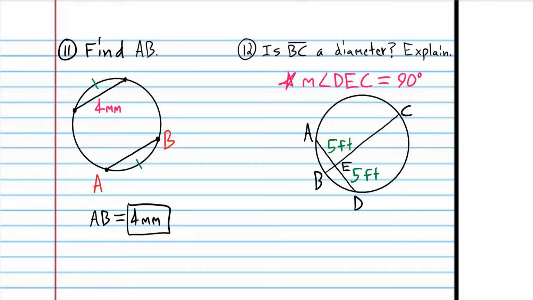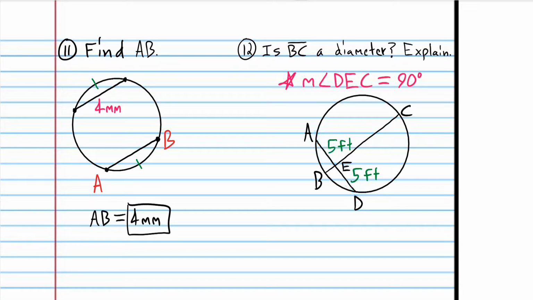So let me just say that one more time. If a chord in a circle is a perpendicular bisector of another chord, then the first chord must be a diameter of the circle.